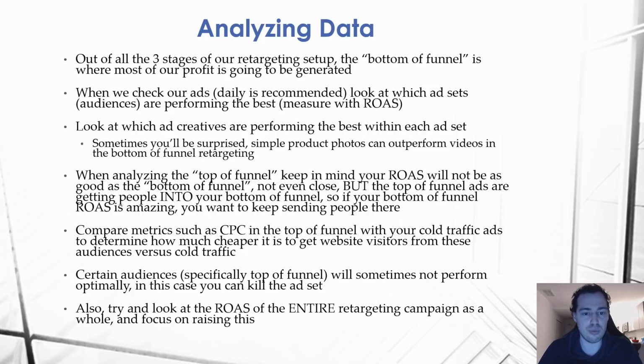Then we're going to look at which ad creatives are performing the best within each ad set, because this gives us further insight into how we can optimize in the future. If we have a certain video or photo that's just not performing well at all, we can turn that one off. And if we have one that's doing a lot better than others, we can try to utilize that more throughout other ad sets.